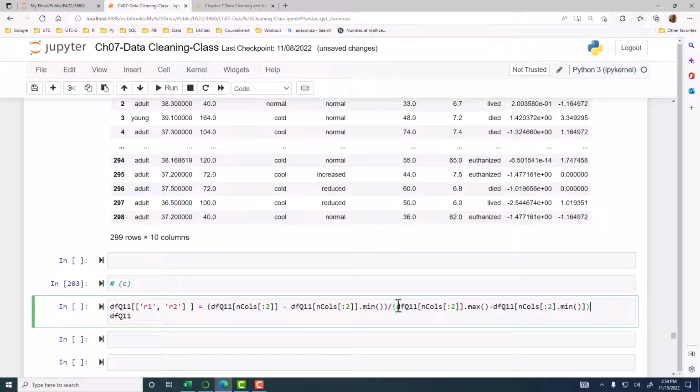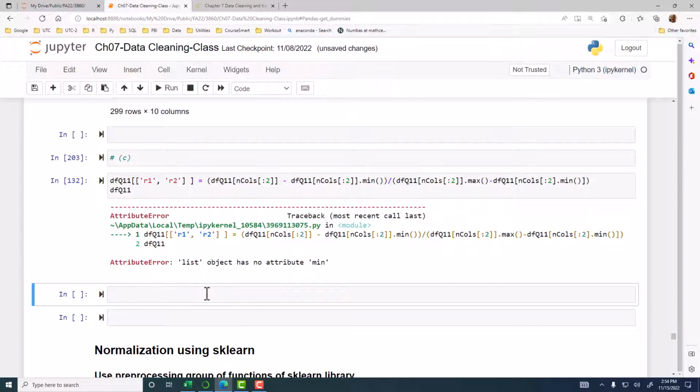So the denominator is the range. The numerator is the difference between the actual value and the min. List object does not have.